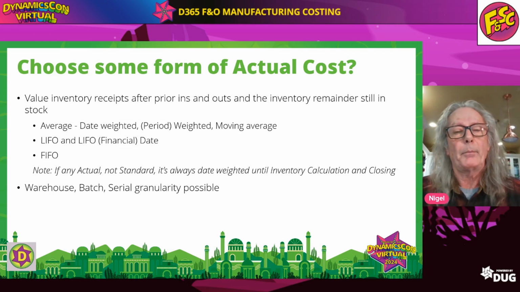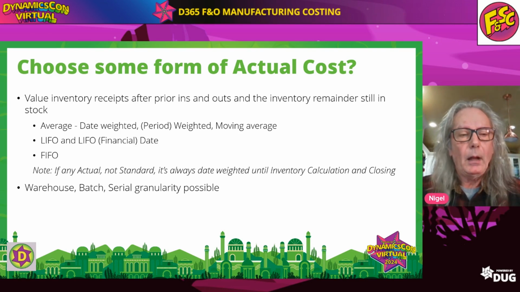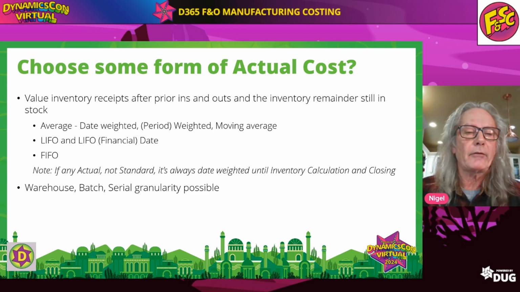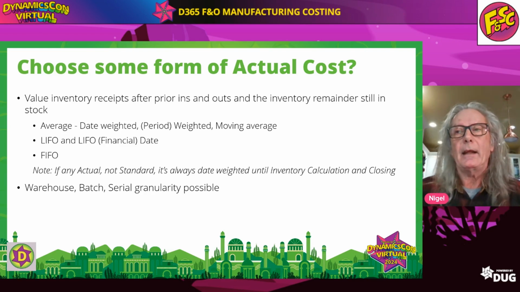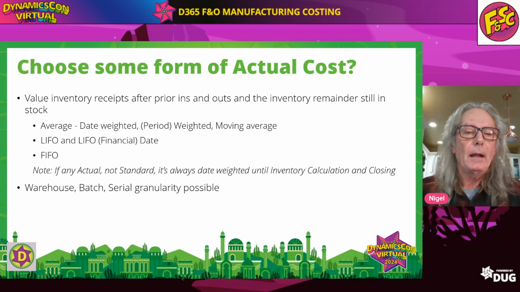The next one is LIFO and LIFO financial. A lot of people, in fact, I wasn't aware of LIFO financial till relatively recently. LIFO means last in, first out. So the cost of the last in is the cost of the first taken out of your inventory.